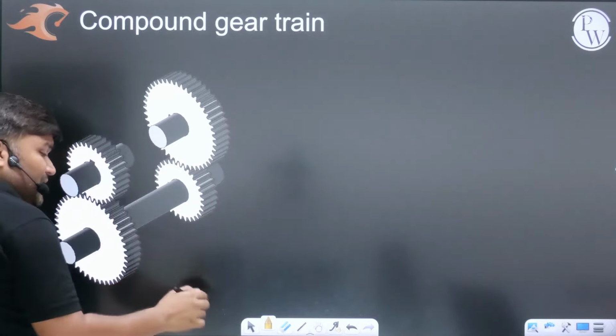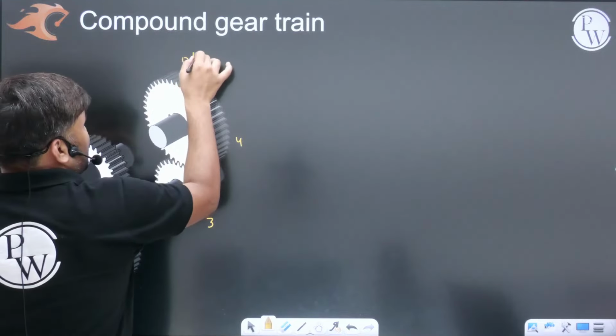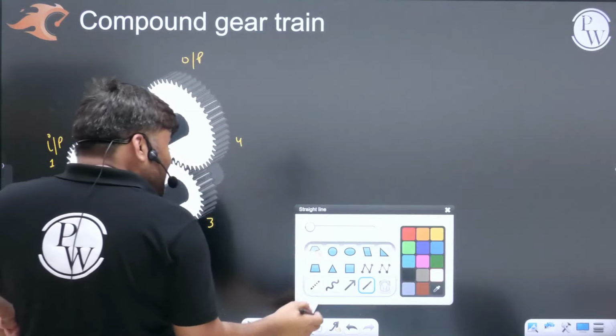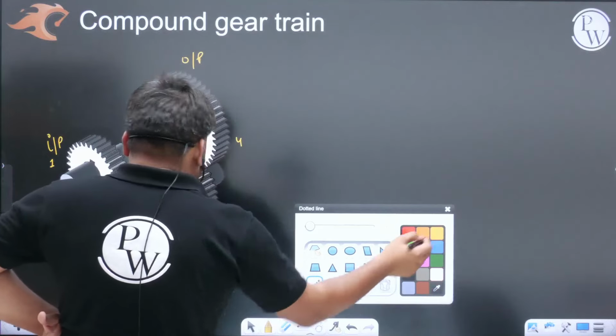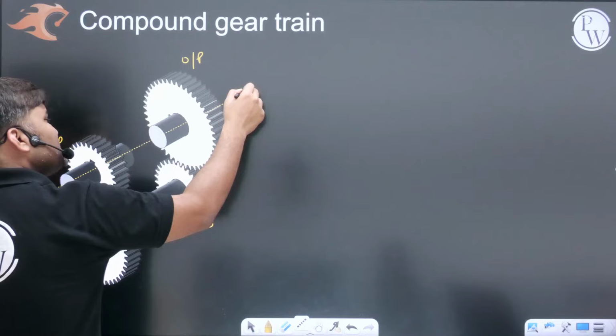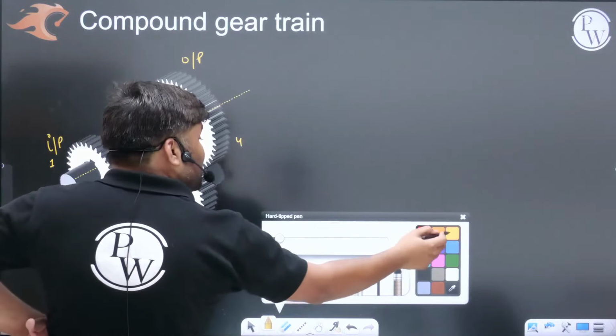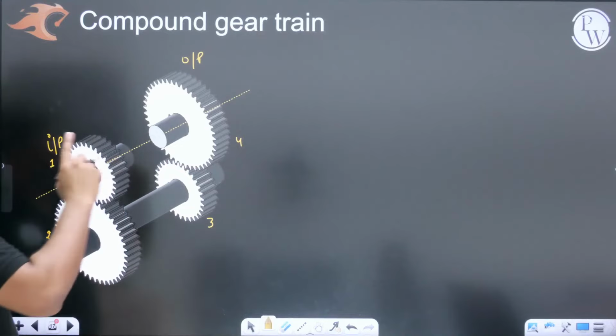Gear number 1 is driving gear number 2. 2 and 3 are compound. 3 is driving 4. The special thing is, sir, you are collecting output from here. The special thing is, input and output axis of rotation is same. Input and output gears' axis of rotation is exactly same.